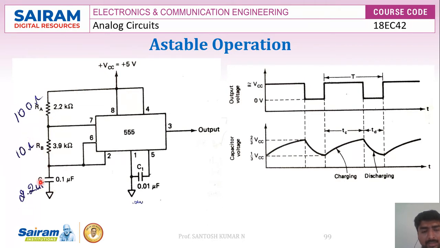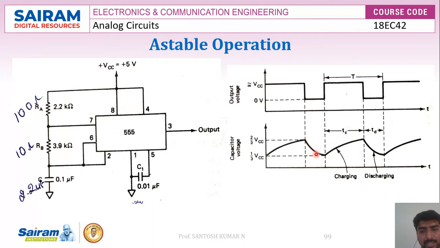As soon as the voltage across the capacitor equals two-thirds of VCC, comparator 1 goes high, the flip-flop output also becomes high, and the output goes to low state. Once the flip-flop output is high, the transistor Q1 turns on and the capacitor starts to discharge.